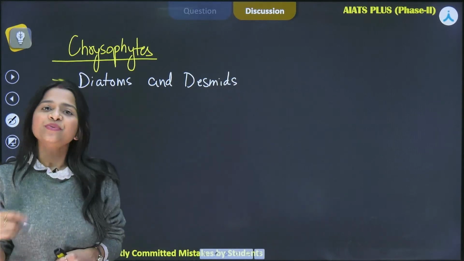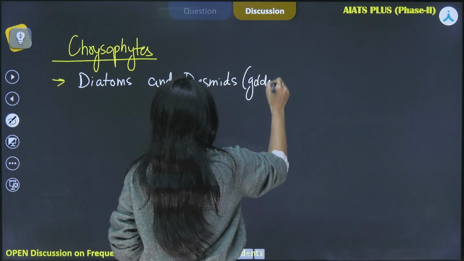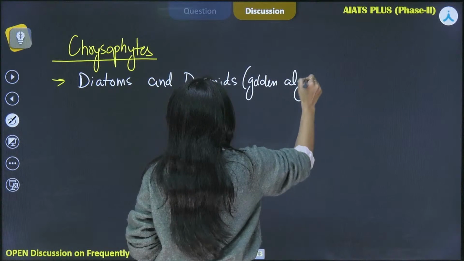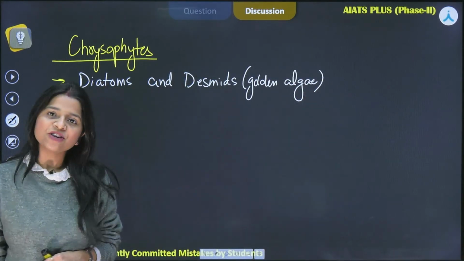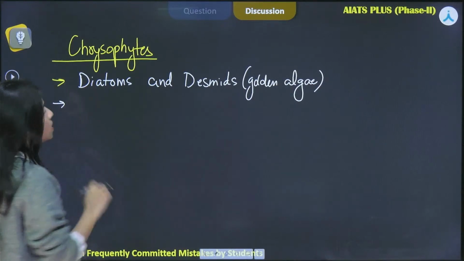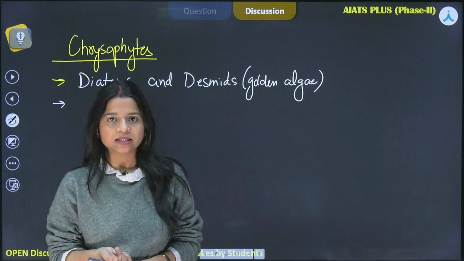For desmids we use another term, the golden algae. Now, there are certain characteristic features that you have to keep in mind. Questions can be asked about the same.